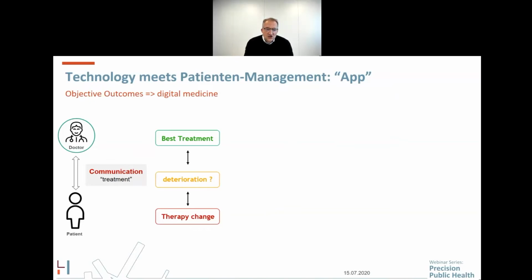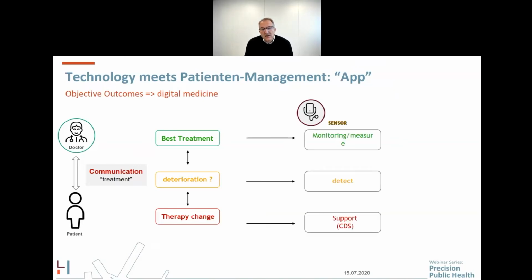So in this situation of this communication or treatment paradigm, a sensor enters. And the sensor that measures exactly the same thing from real-world data has different aspects. It can either monitor or measure how the best treatment actually works, it can support the therapy change as clinical decision support, or it can confirm the deterioration.